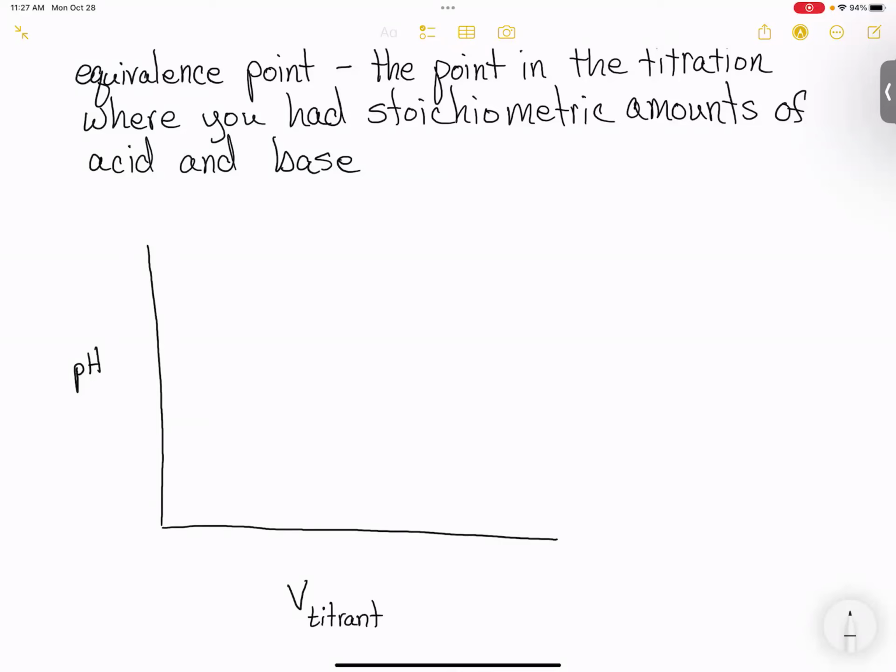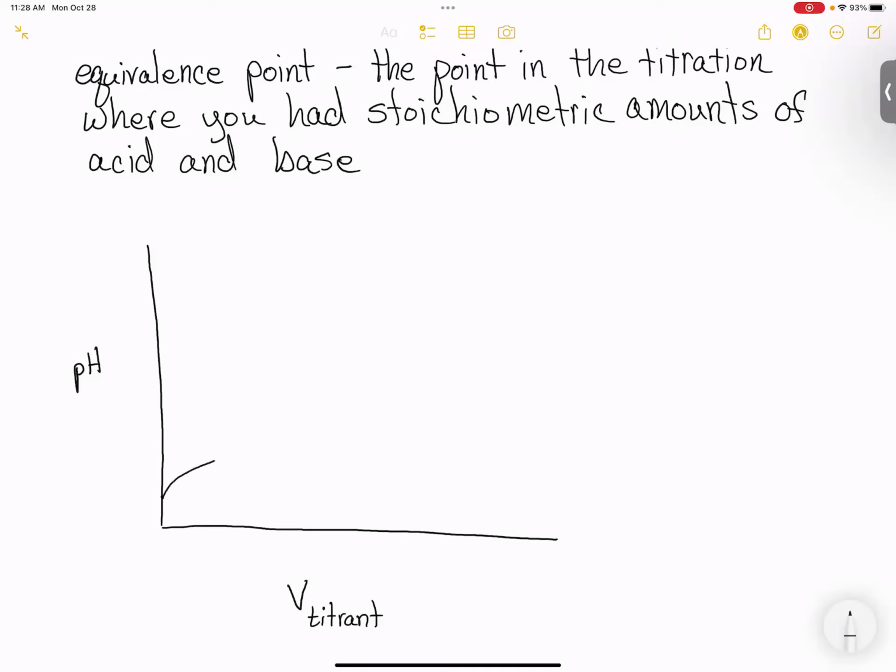Now, if you start out at a strong acid, what kind of pH would I expect for a strong acid? A high one or a low one? Low, because anything below 7 is acidic. So we're going to expect to start out at a very low pH.